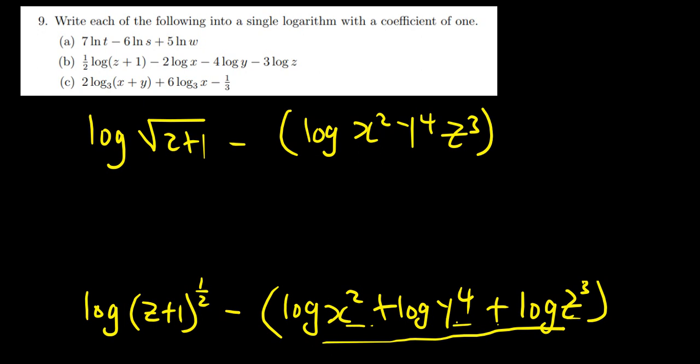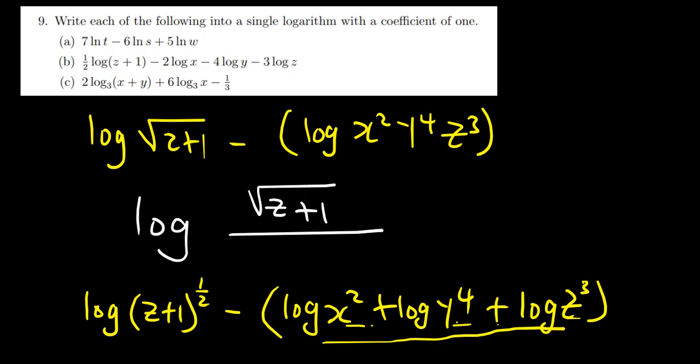All right, and then from here I have this log subtracting this log. So what am I going to have as my final answer? I'm going to have log base 10, because here we don't see any base, so that is base 10. So log of the square root of z plus 1 divided by x squared y to the power 4 z to the power 3. Why? Because now we are subtracting these logarithmic functions.